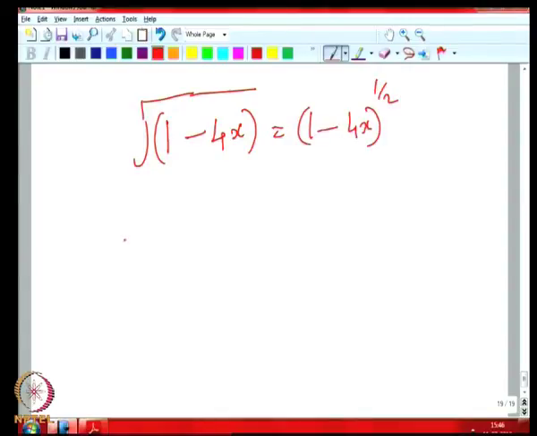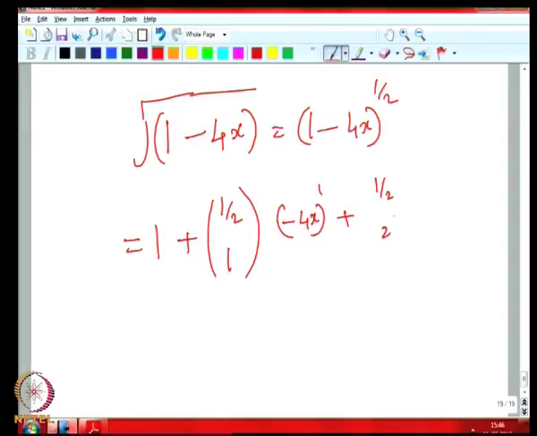This will be like 1 plus half choose 1 into minus 4x to the power 1, plus half choose 2 into minus 4x squared, and so on. So the nth term will be what?